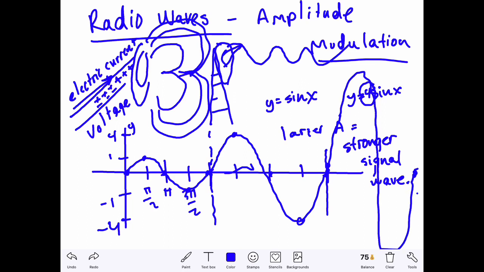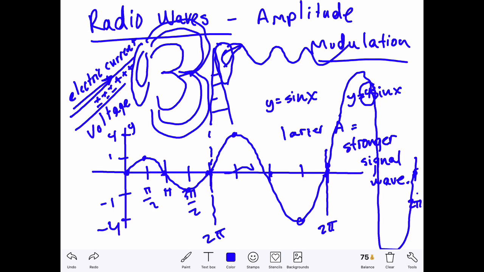The period stays the same. In this case, we just did 2 pi each time. For amplitude modulation, say AM radio, they're not going to change the time it takes to make one cycle, but they are going to change the amplitude, in other words, the strength of the signal. By making it either stronger or weaker, they can modulate it, and that modulation is what actually communicates the information that is then translated into sound.